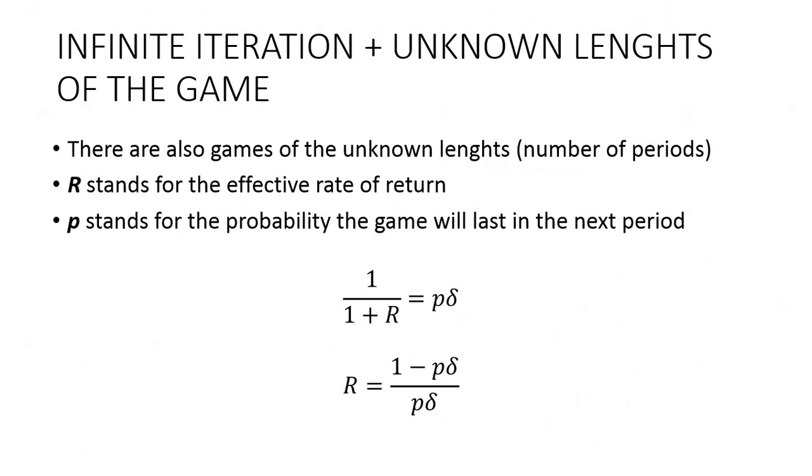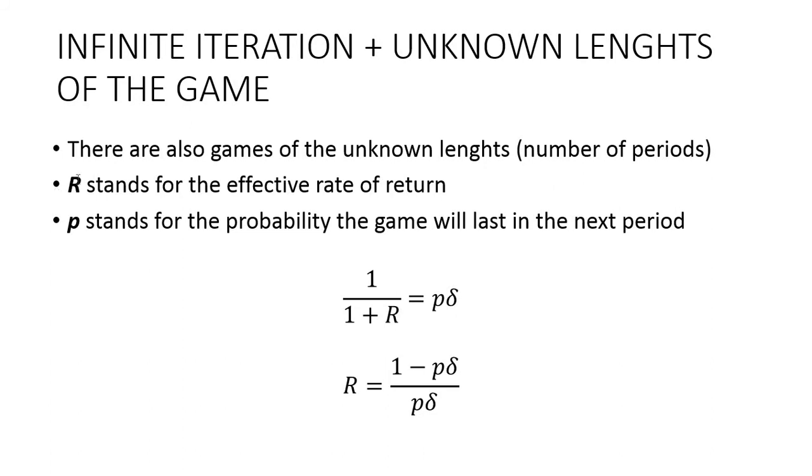We can also assume that there is no perfect certainty about the number of periods during which the game is going to be played. So in this case, we have to introduce R, which stands for the effective rate of return.